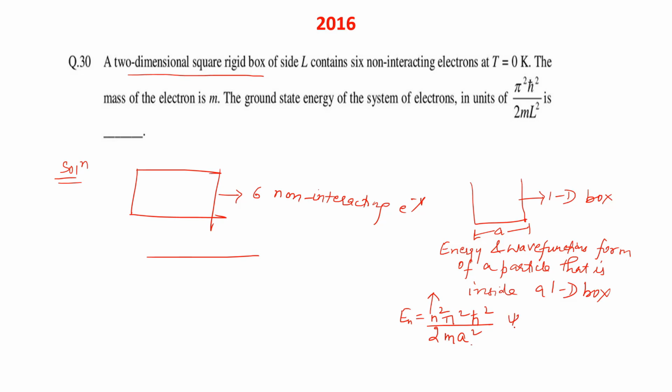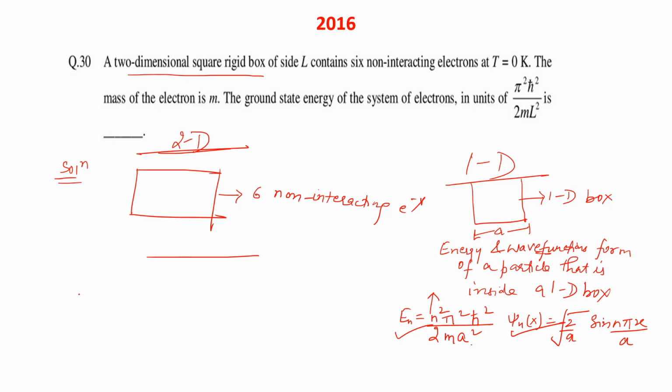Similarly, the wave function is given by root 2 upon a sine n pi x by a. These are the energy level and wave function of a particle placed inside a 1D box. This is a 1D system, and in the question we are given a 2D system.